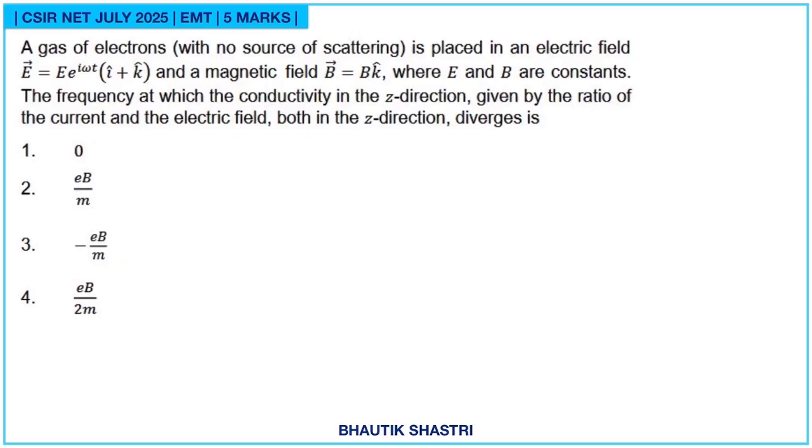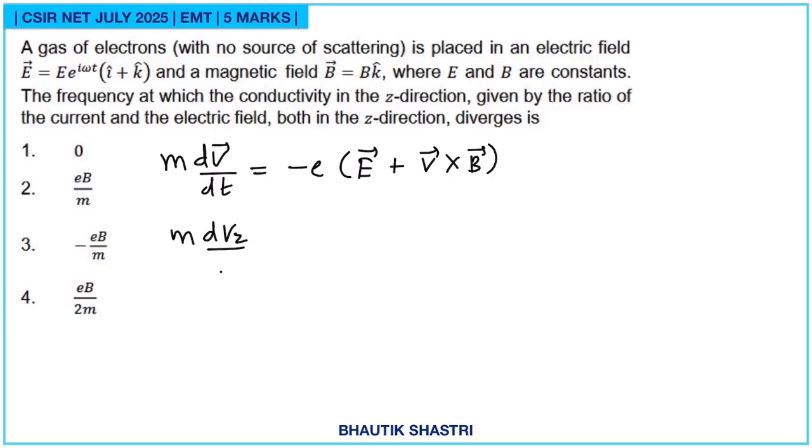So E and B are given. So the equation of motion will be m dv bar by dt, that is equal to minus e E bar plus v bar cross B bar. And here in the z direction it will be m dvz by dt, and in z direction it will not have any magnetic component.